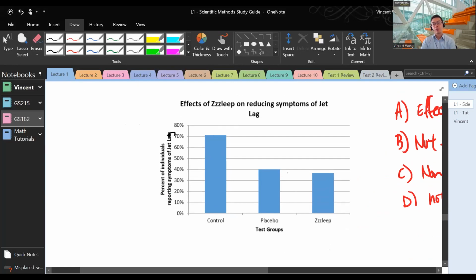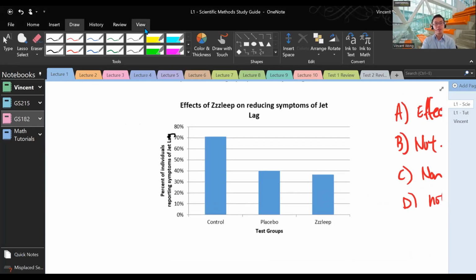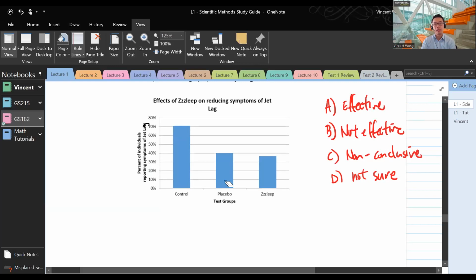Okay, so placebo, if you give them a sugar pill, they took it, and then only 40% of people reported jet lag. And if you give them the pill, right, a little bit under 40% of the people also, there is a reduction in the number of people reporting jet lag.